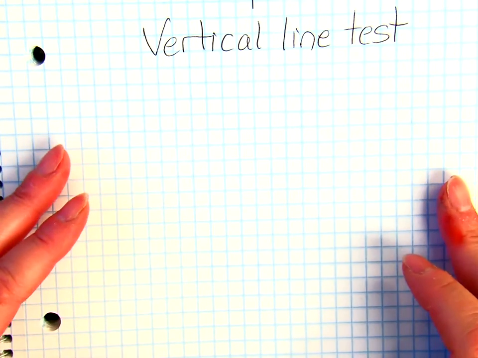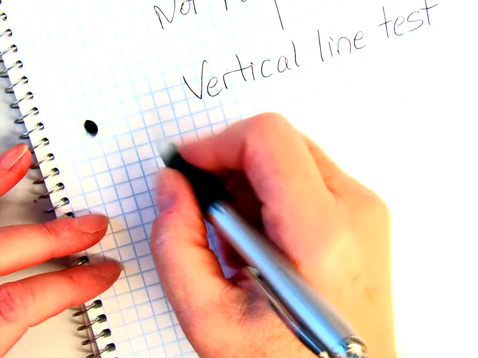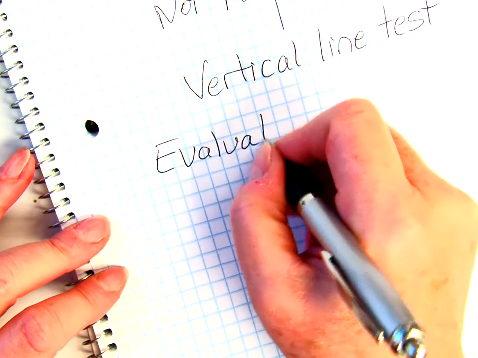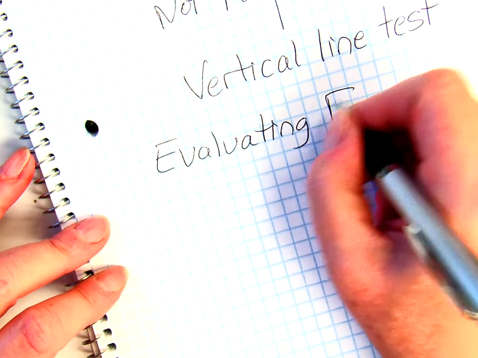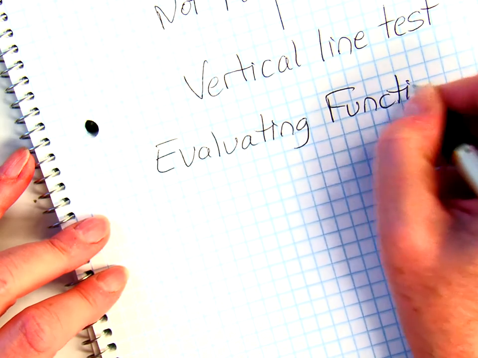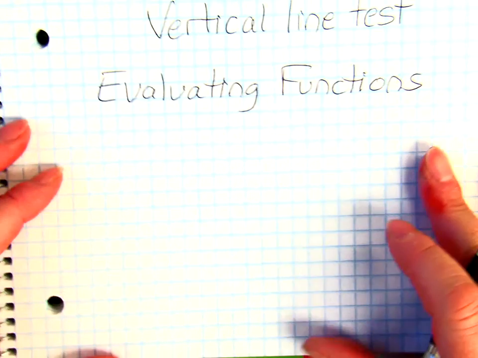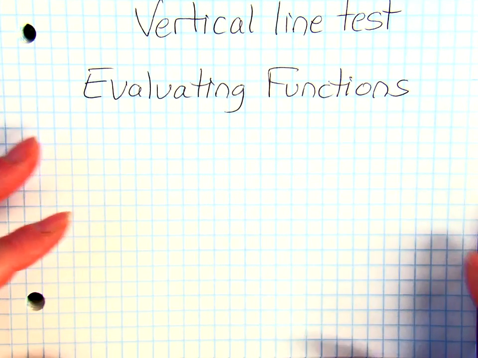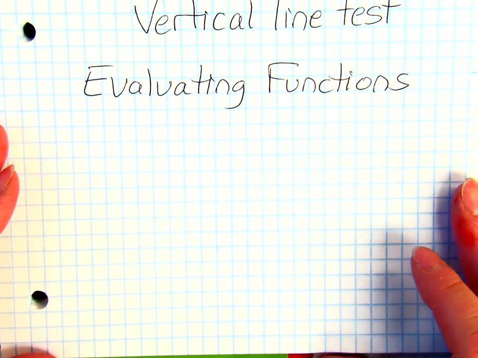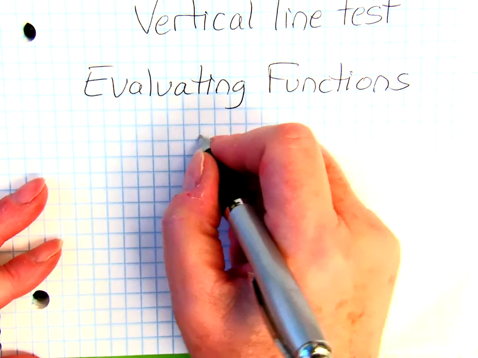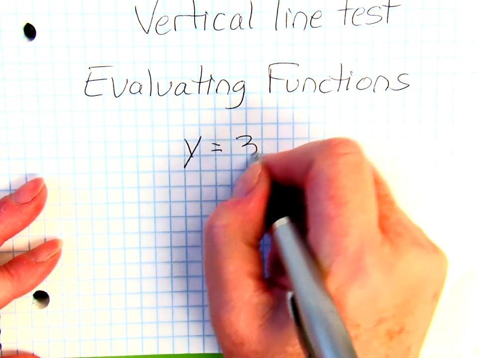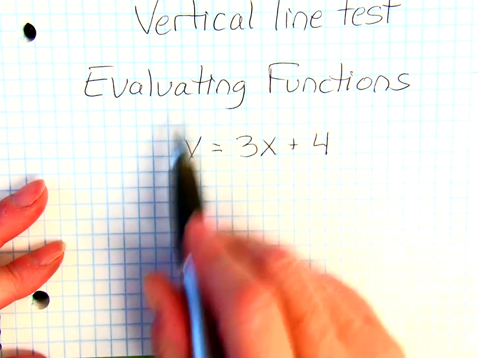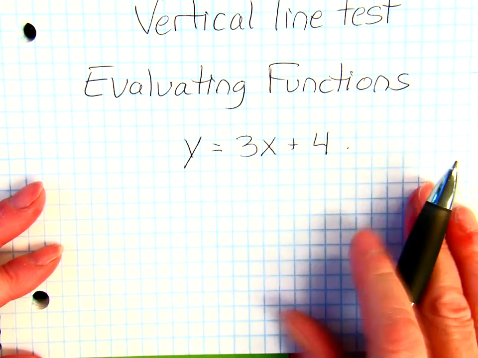So the other part of this is evaluating functions. When we evaluate functions, quite simply, it's what we have done in the past, where we are taking y equals 3x plus 4. This is considered our function.